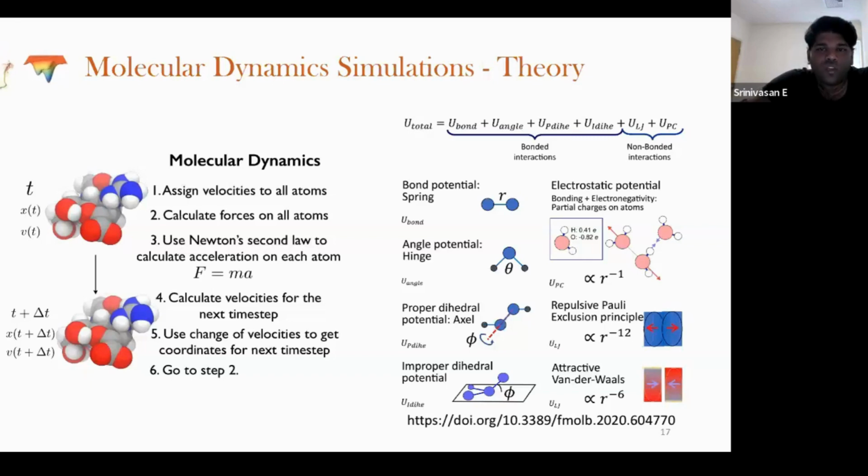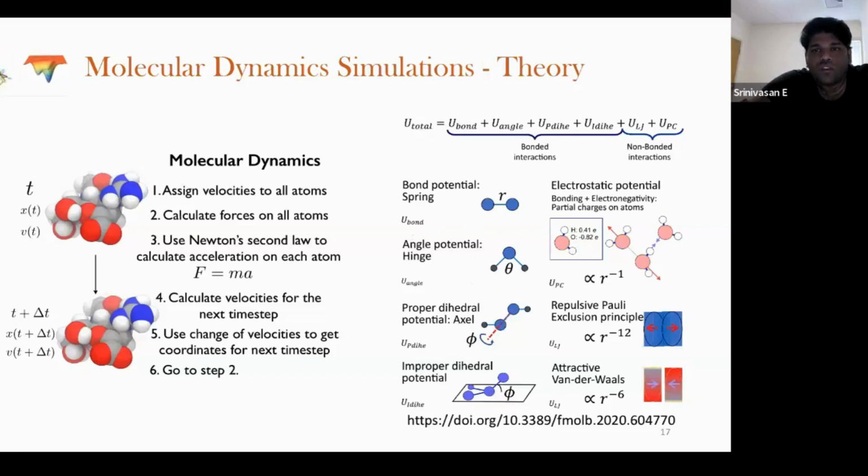We calculate the spring potential for the bond, the angle potential using theta, the phi angle for the dihedral angles, both improper and proper dihedrals, and then the non-bonded interactions, like Coulombic interactions and the Lennard-Jones interaction for the van der Waals potentials.